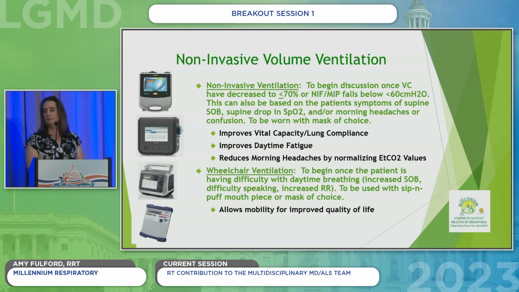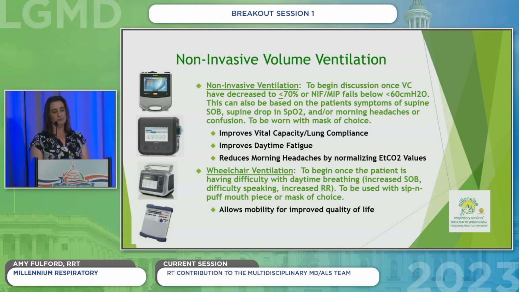Non-invasive ventilation. Again, I do have two of these pieces out available for you for display. So we begin with the discussion. Previously 80%, 70%, the sooner the better, if you do fall into a category where your respiratory involvement is indicated with your subtype.